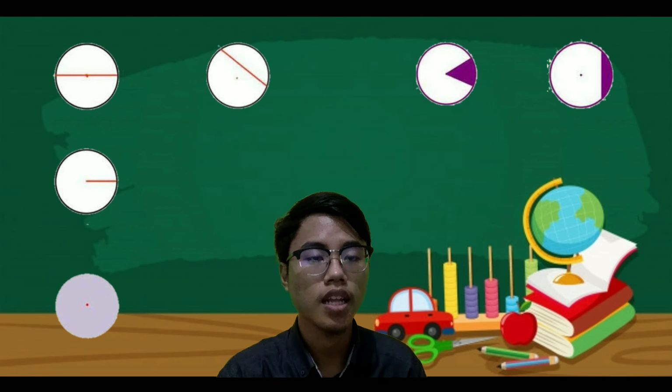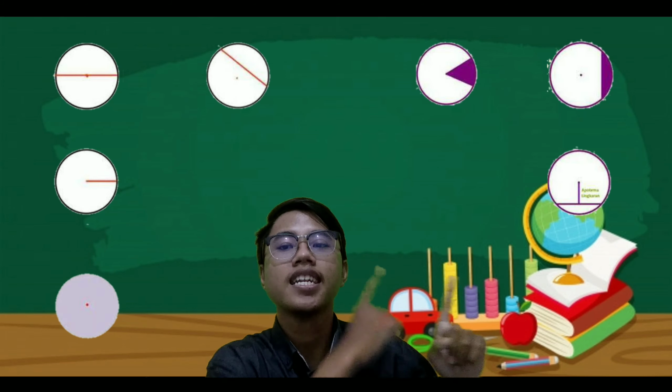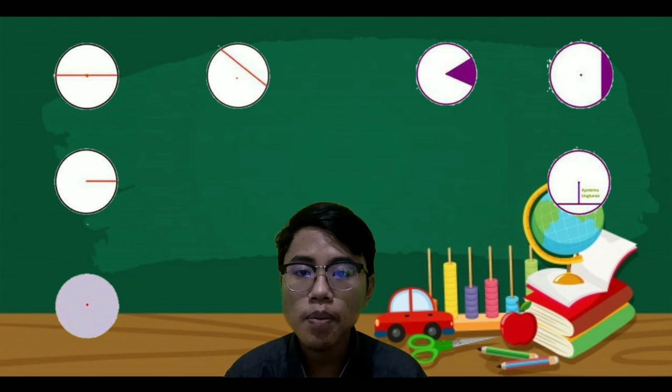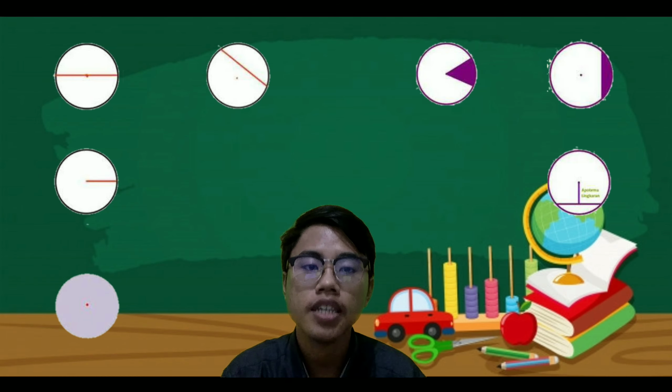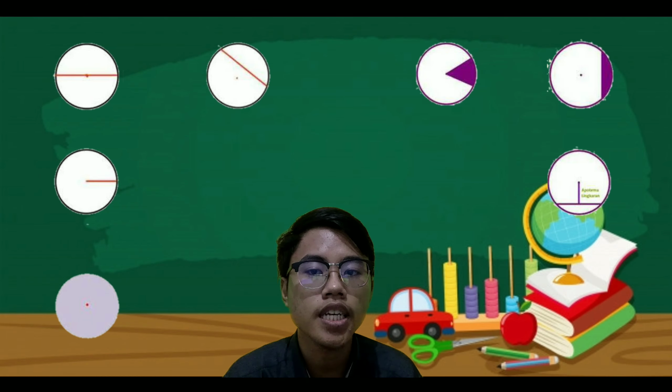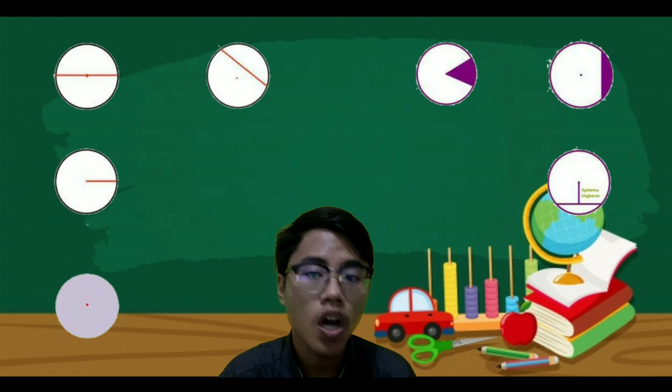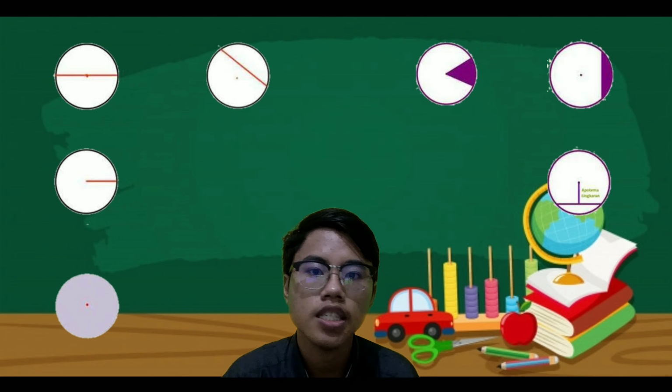And this is the apothem. The apothem is the perpendicular distance from the midpoint of a chord to the circle center.